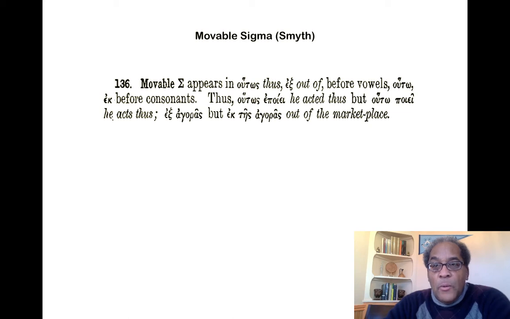However, houto poiei, because poiei begins with a consonant, you don't have need of the movable sigma. Likewise, ex agoras versus ek tes agoras.